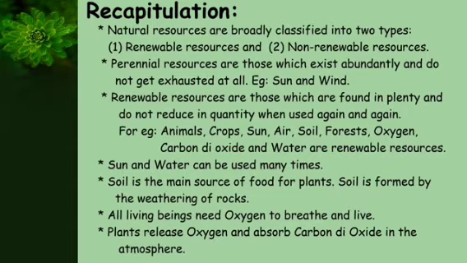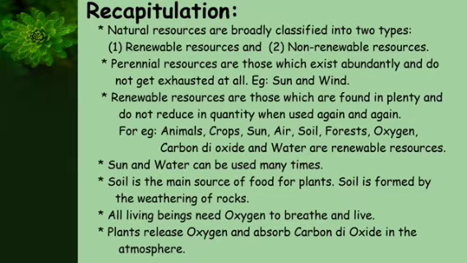Children, remember that I told you perennial resources come under renewable resources itself. When you broadly classify, you just classify it into two main groups. But when you actually go in detail, you can do it in parts of three. So, dividing broadly into two types, you get renewable resources and non-renewable resources.